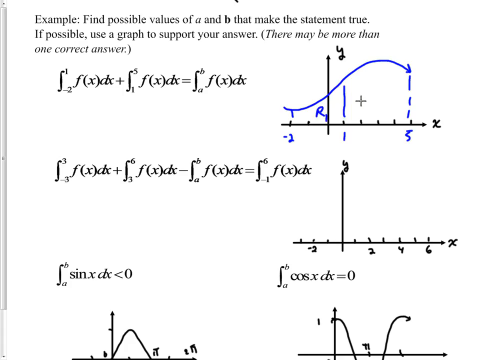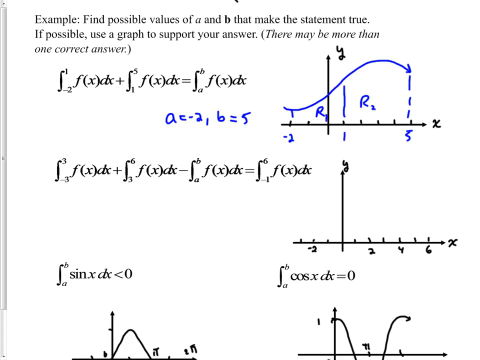If we add these two regions up, then we're going to get a total region on the interval from -2 to 5. So in this case, a would have to be -2 and b would have to be +5 based on our addition of areas rule.